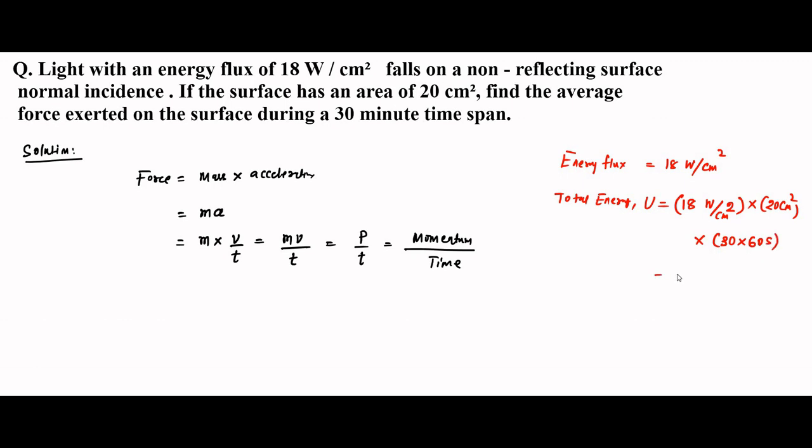So the total energy comes around 6.48 into 10 to the power 5 joules.